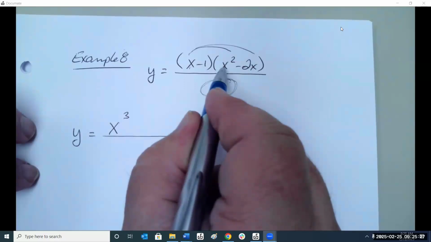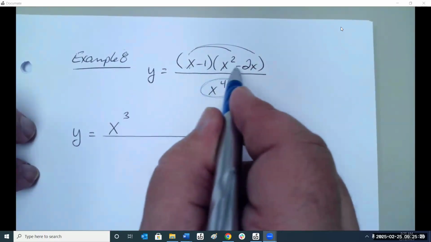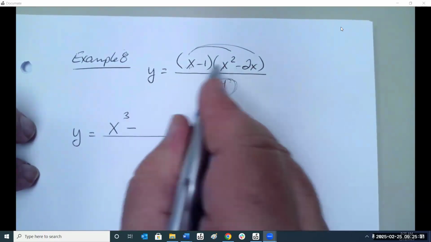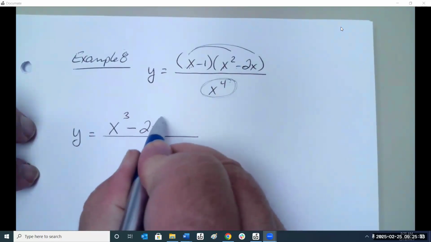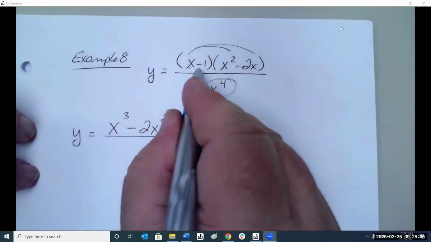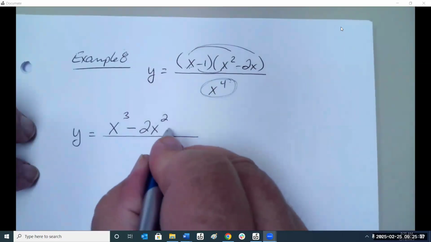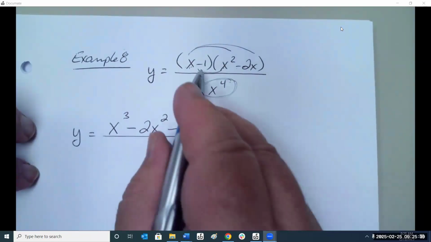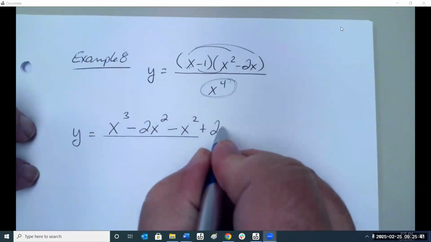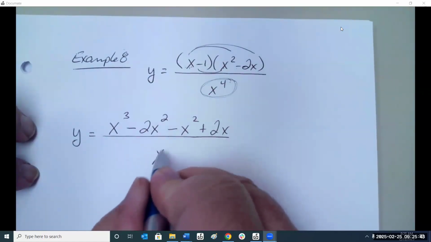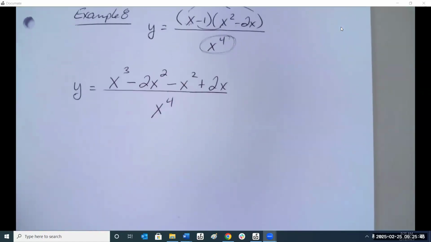So x times x squared is x cubed. Positive, negative is negative. X times 2x is 2x squared. Minus x squared is minus x squared. Negative is a positive 2x over x to the fourth.